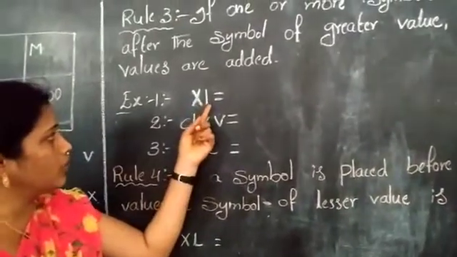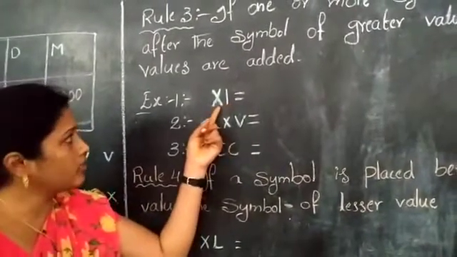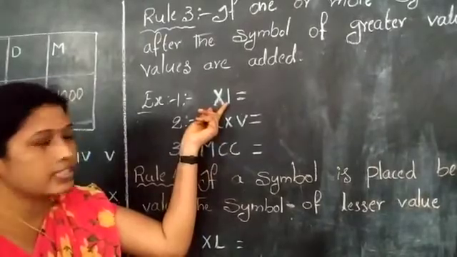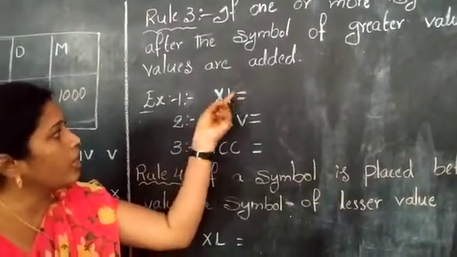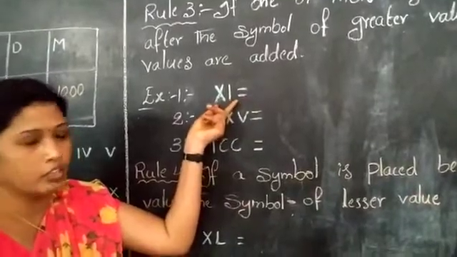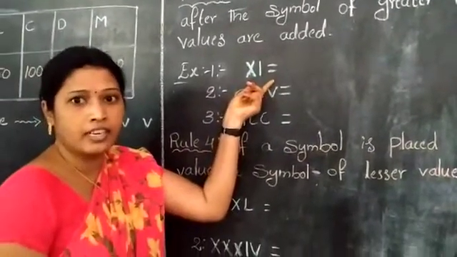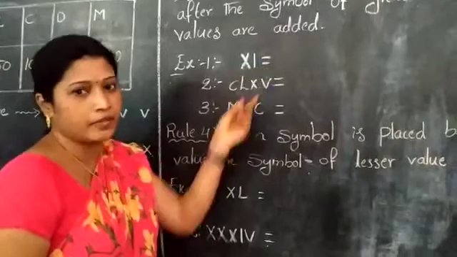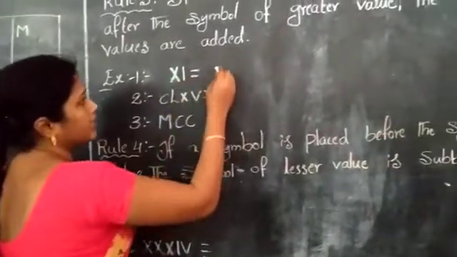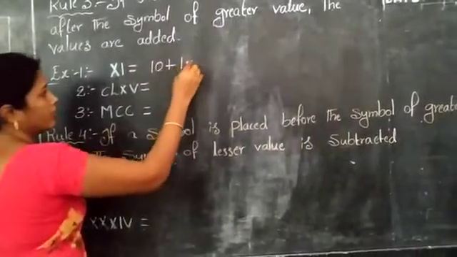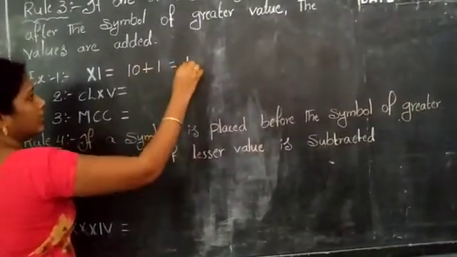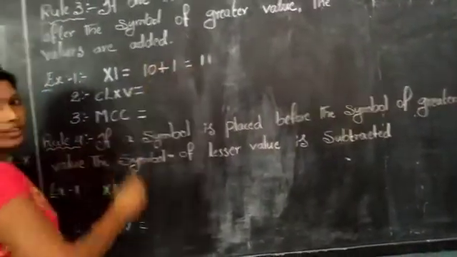I value is 1 and X value is 10. So, X is the greater symbol, right? So, the lesser symbol is placed after the greater symbol. So, what should we do here? We should add. Okay. So, here X, 10 plus I, 1. 10 plus 1, 11. The value is 11.